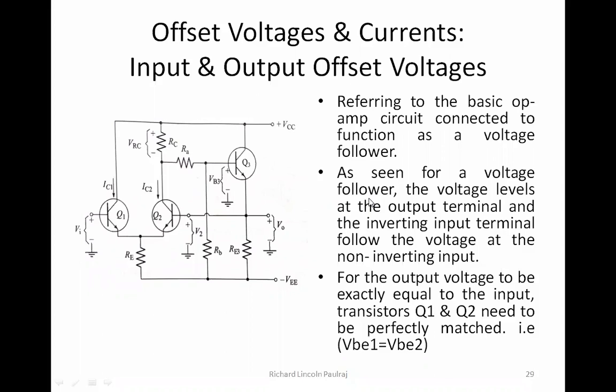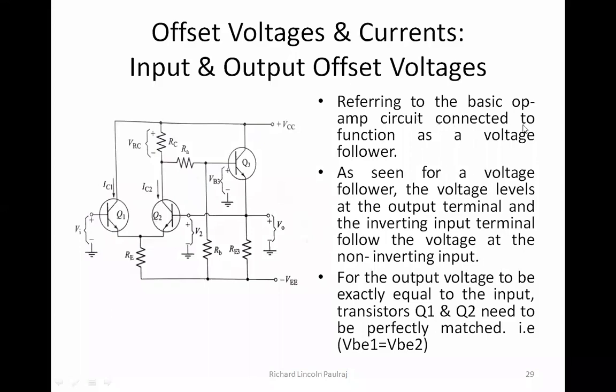If this change of voltage occurs at the output side, then I call it output offset voltage. Simple, right? Change in the level of voltages, either at input or output, is called offset. Fine. So we will just look into it.